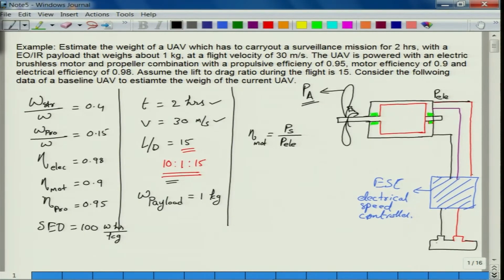So, say this is your LiPo battery. And from here, this is the power from the battery, PB. So, the PB is the input for these electrical connections, that includes the ESC and all other wiring here.